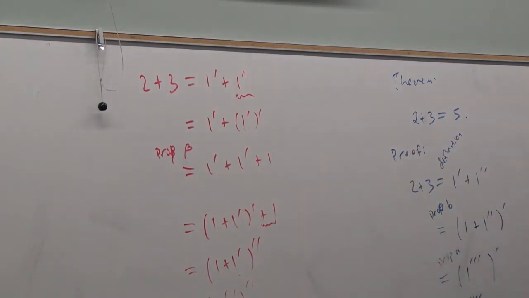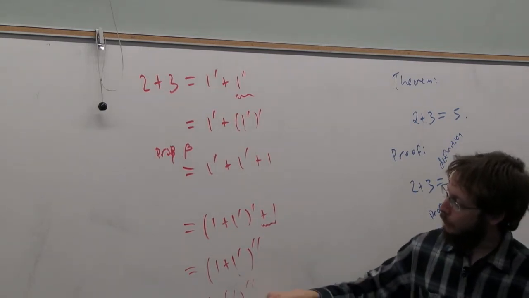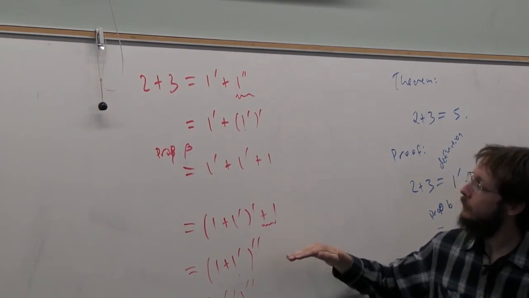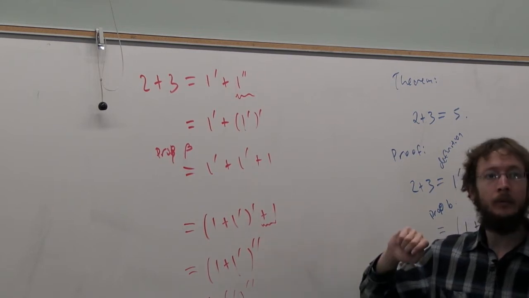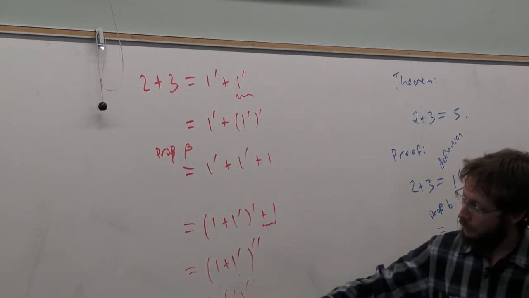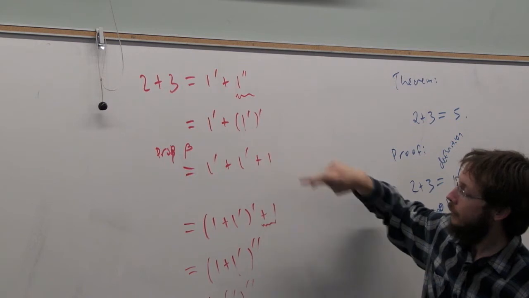I don't understand why we had to take all the steps to just be one successor, and after that, successor. Which step here?